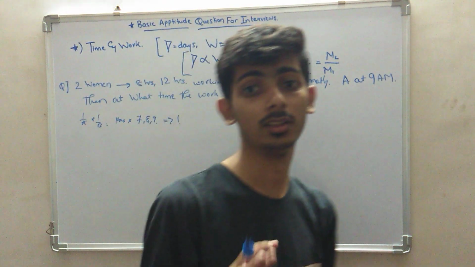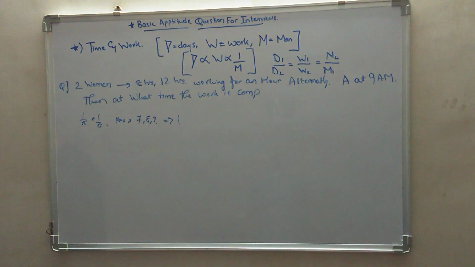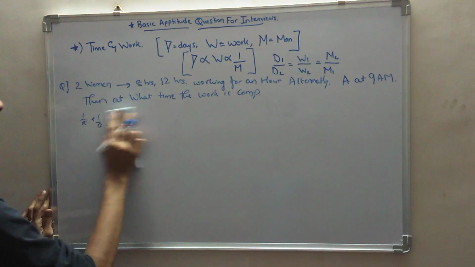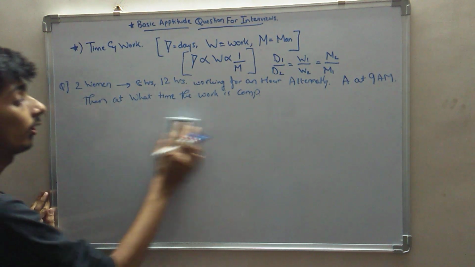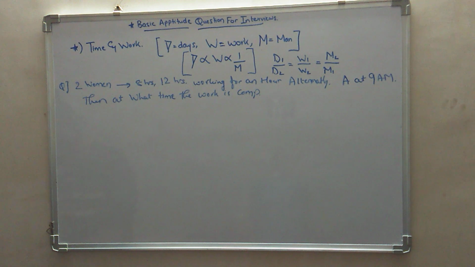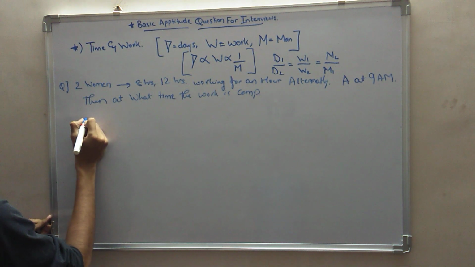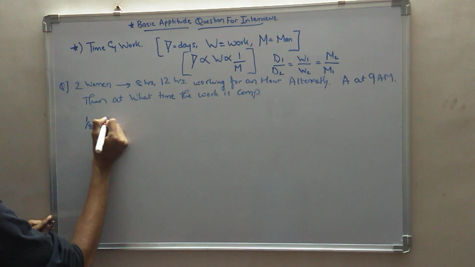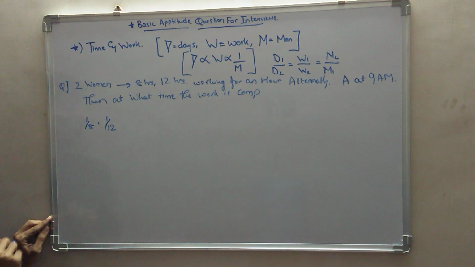But no, this is not the case here. Here they are working alternately and not simultaneously. So for the first hour, the work is 1 by 8. For the second hour it is 1 by 12.